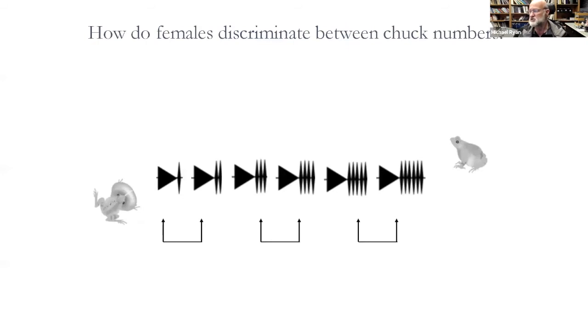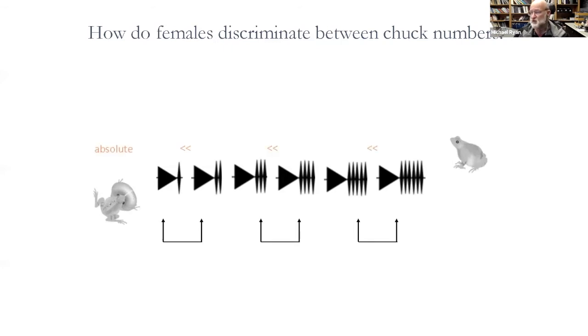So we wanted to know, do any animals follow Weber's law when they're doing mate choice comparisons? So the Tungara frogs are a good system for this because, as I showed you, females prefer calls with chucks to calls without chucks, but they also prefer more chucks to fewer chucks.